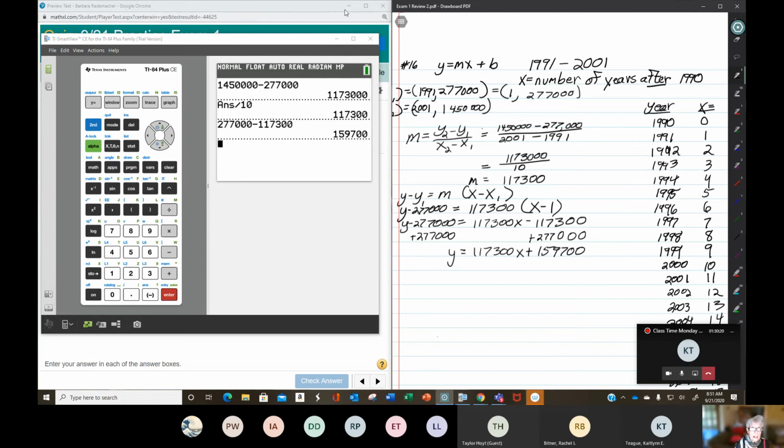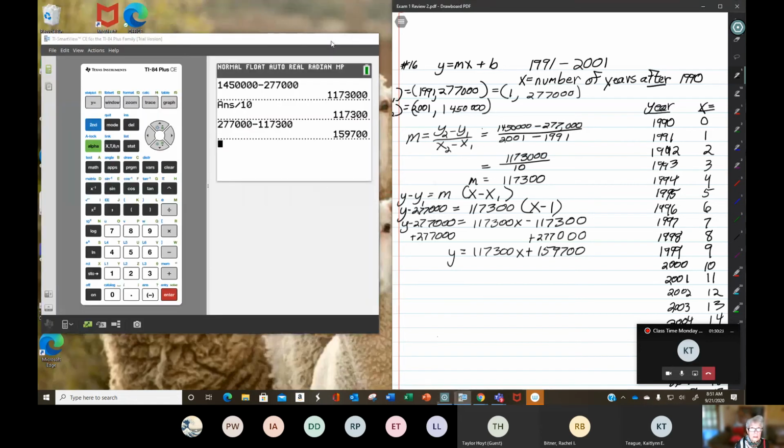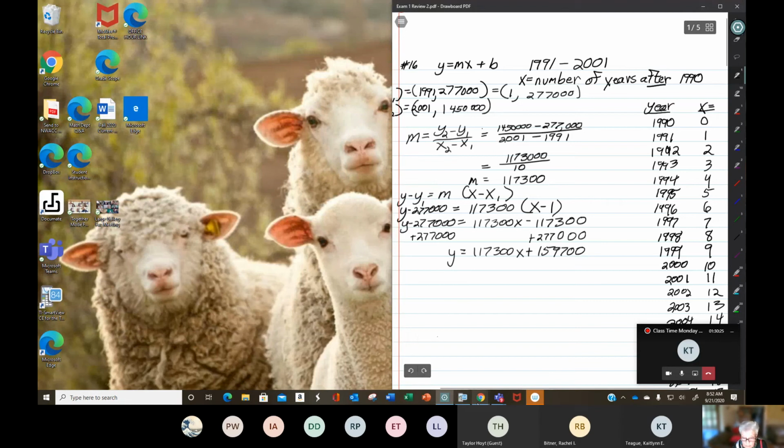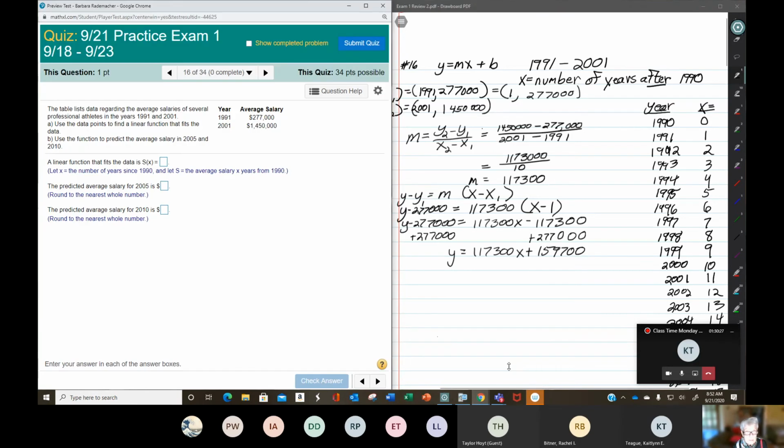Now, if this is right, and I am going to put it in here, then we can just do these other calculations quickly and easily on the calculator. So here we go.